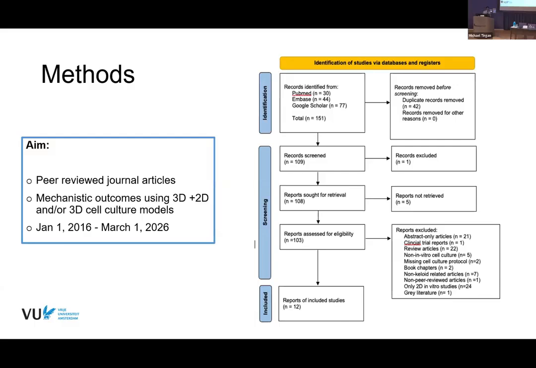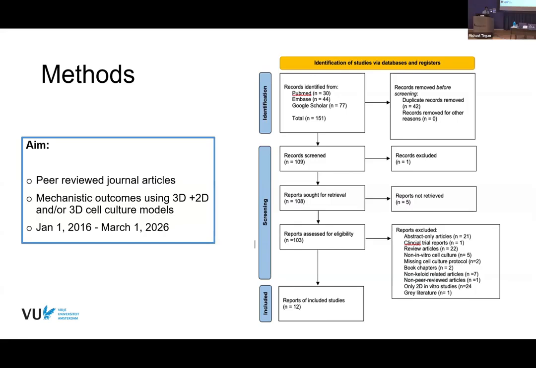I tried to compile as much evidence as I could, within a range starting January 2016 to March 2026, where I tried to find all research pertaining to 3D and 2D comparison studies where they looked at mechanistic outcomes like gene expression, maybe drug response as well, and also solely 3D cell culture models.